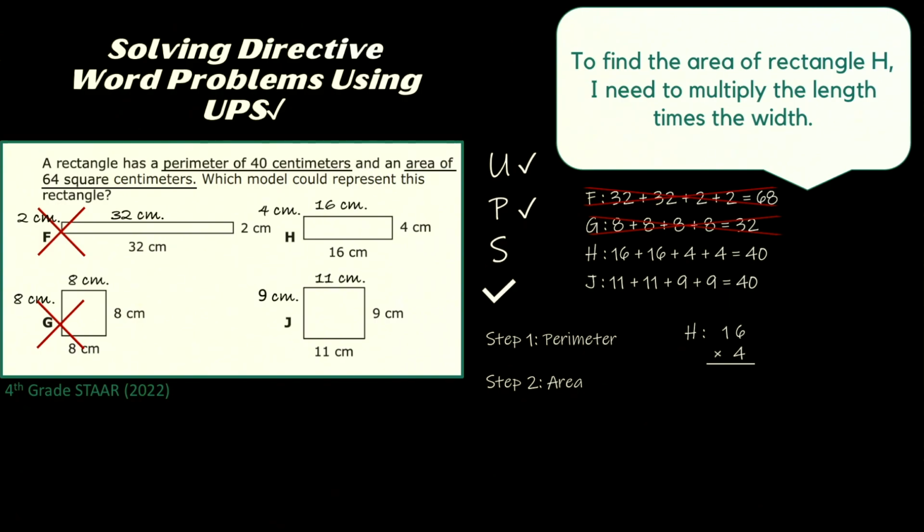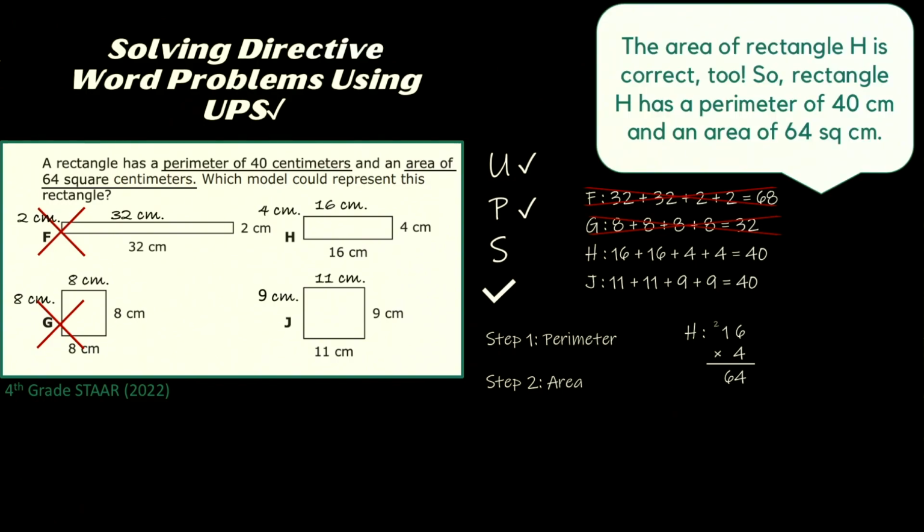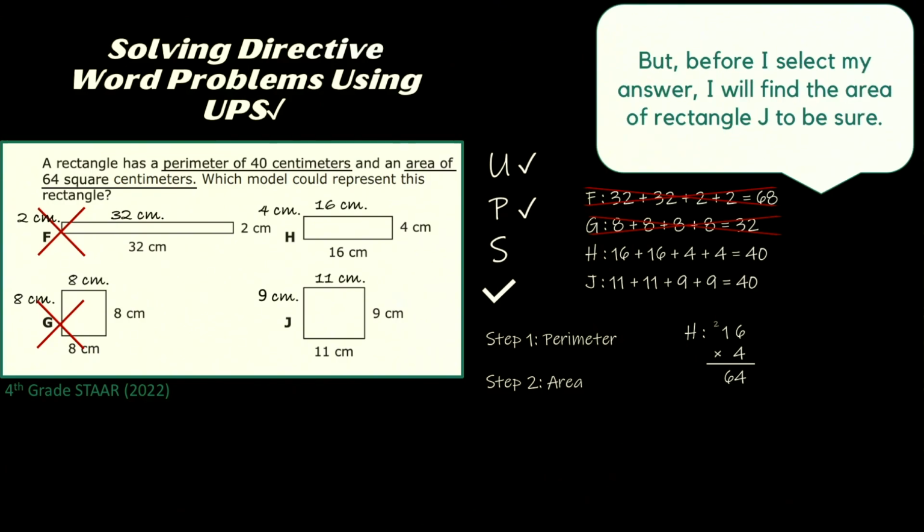So for shape H, I have 16 times 4, which leads me to a product of 64 square centimeters. The area of rectangle H is correct too. So rectangle H has a perimeter of 40 centimeters and an area of 64 square centimeters. But before I select my answer, I will find the area of rectangle J to be sure.